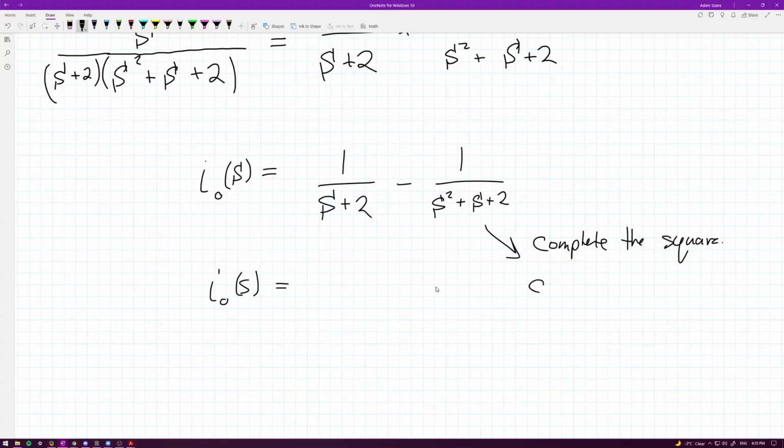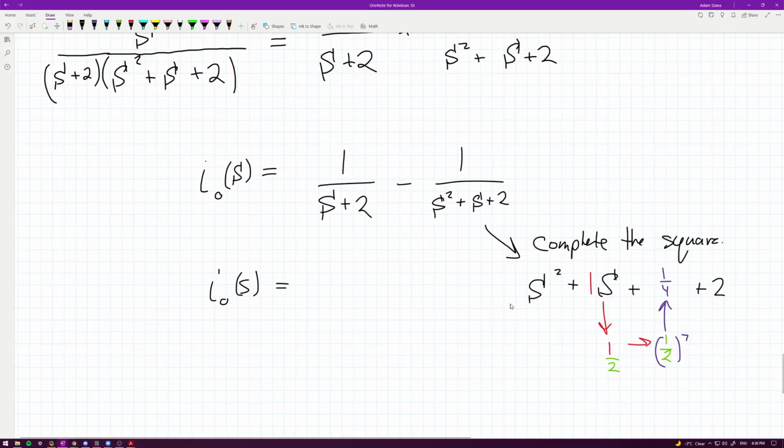So here, this is how I do it. s squared plus s plus 2. So it's a 1 here, 1 divided by 2. This is how I always draw it. So you take the 1 over 2, and then you square it. And so that's a 1 over 4 there.